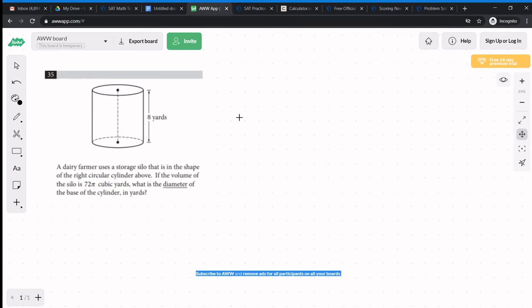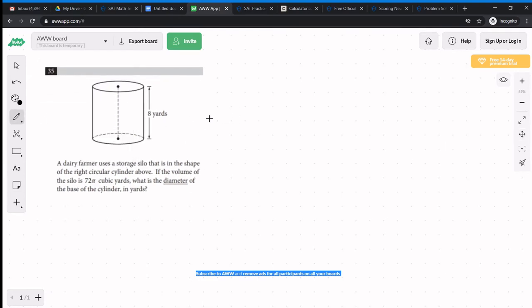So let's write that down really quick. Alright, so it tells us the height is 8, and it tells us that the volume of the silo is 72 pi. So it's asking what the diameter is. Diameter is just going to be the radius times 2, so we have to figure out what the radius is.